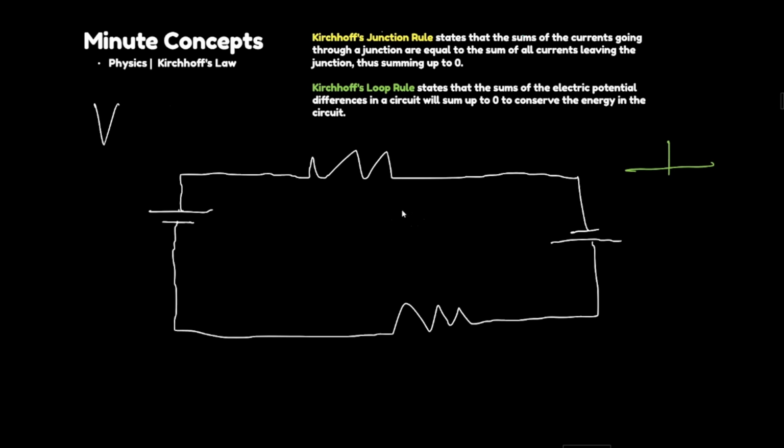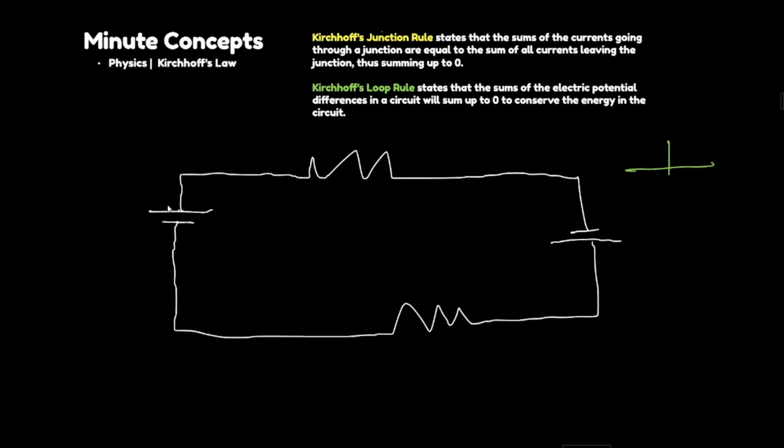For this, we have to use Kirchhoff's loop rule. The loop rule basically says that all the electric potential differences, or all of the voltages inside a circuit, will eventually add up to zero. This is so that we can conserve the energy in the circuit. And this makes sense because you can't have it not be zero, because that basically means you didn't close your circuit.